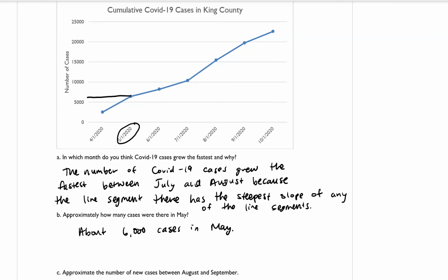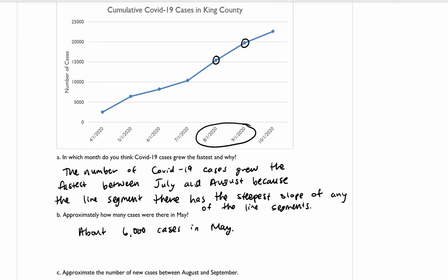Part C says approximate the number of new cases between August and September. So we want to find August and September. So those are happening right here. And we need to approximate how many total cases were happening in August and in September. So here we need to approximate those values.